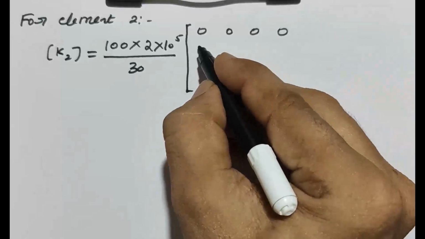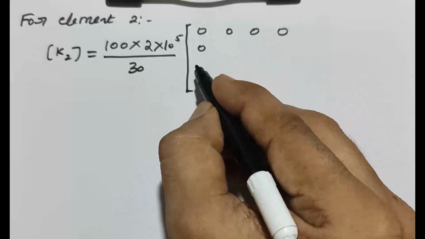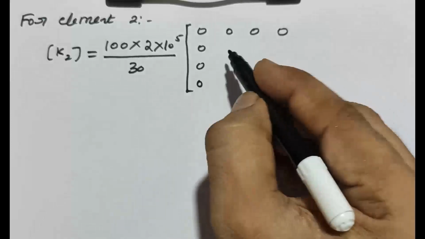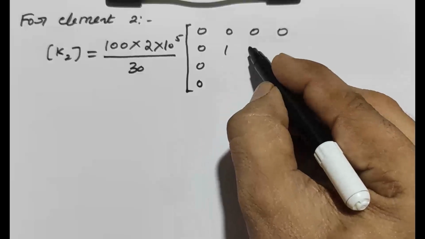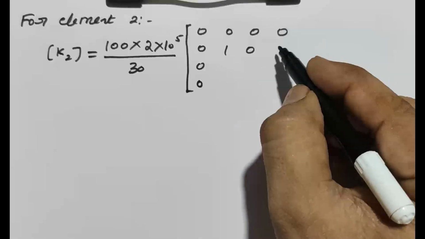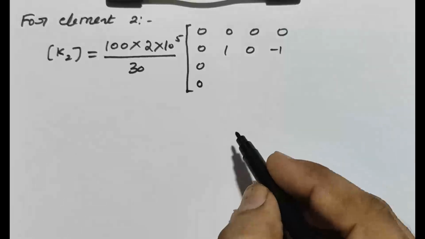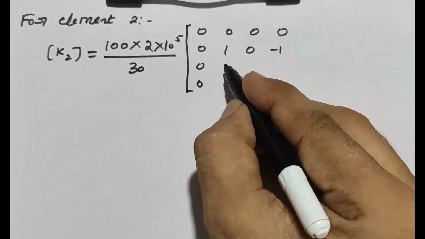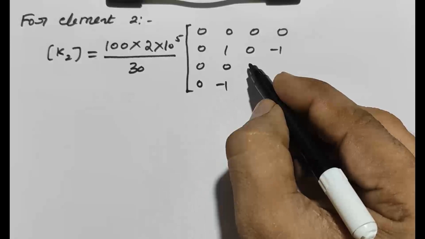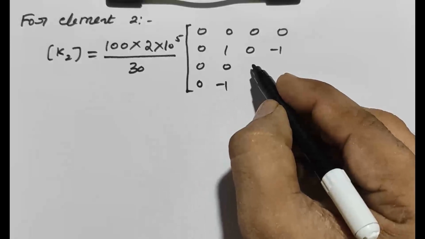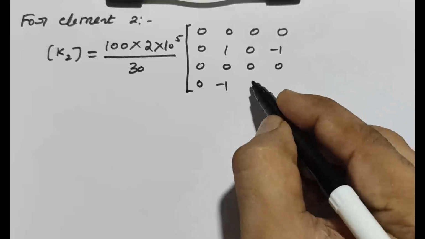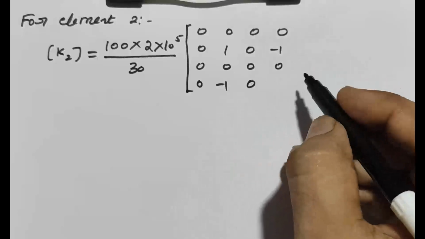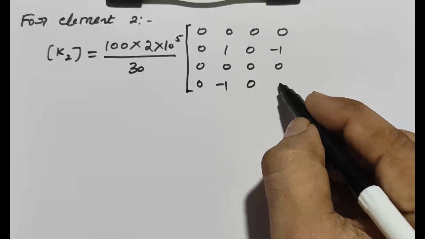Due to symmetry, I can write here 0, 0, 0. Next M square is 1, minus LM is 0, minus M square is minus 1. Due to symmetry, I can write here 0, minus 1. Next L square is 0, LM is also 0. Due to symmetry, here I can write 0. Next M square, that is 1.